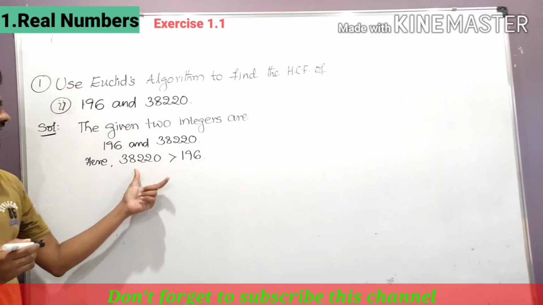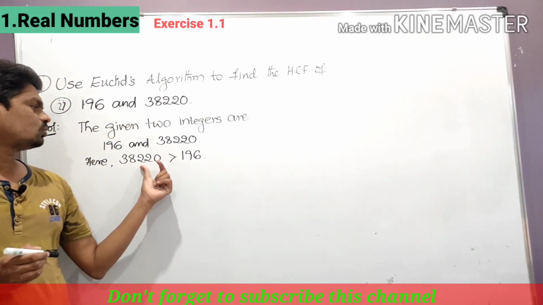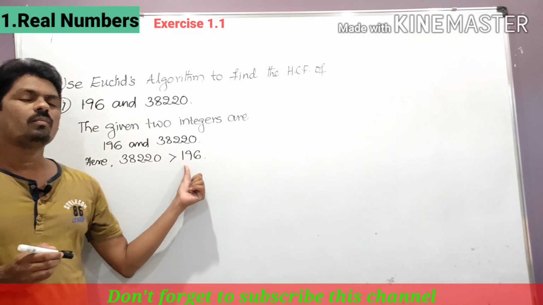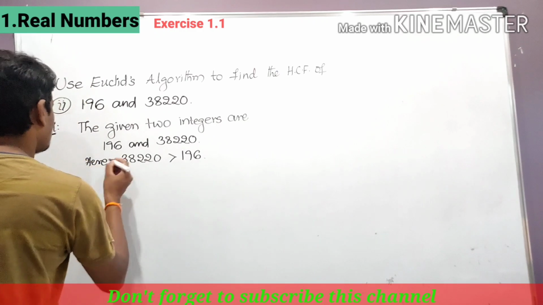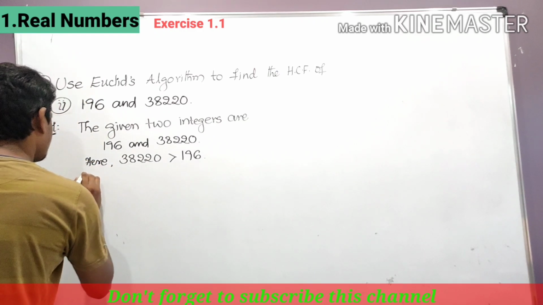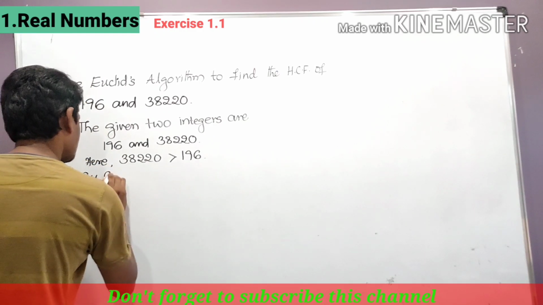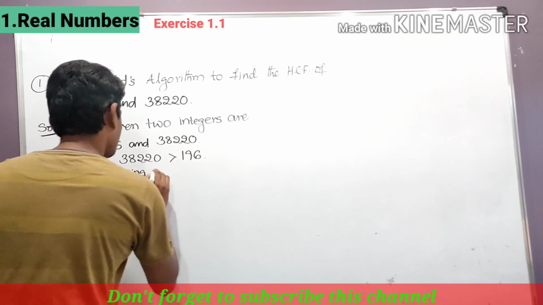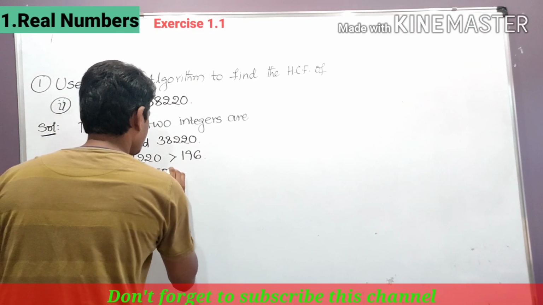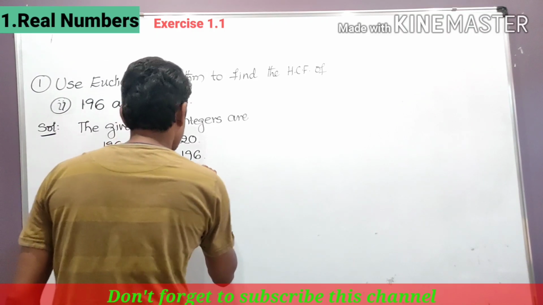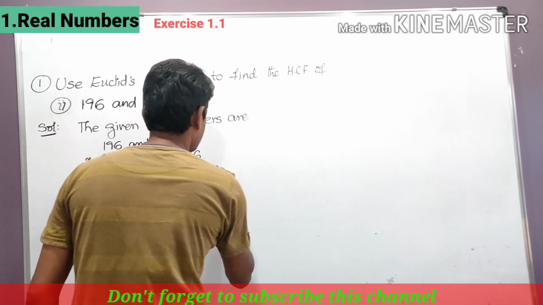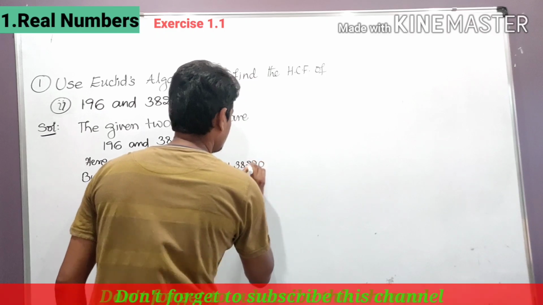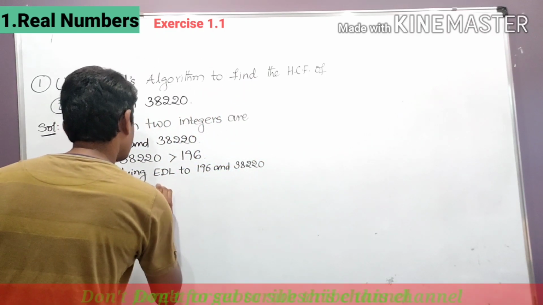So let 38,220 be A and 196 be B. Now we have to divide 38,220 by 196. Before that, applying Euclid division lemma to 196 and 38,220, we get.